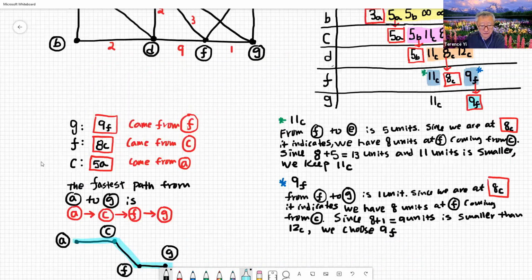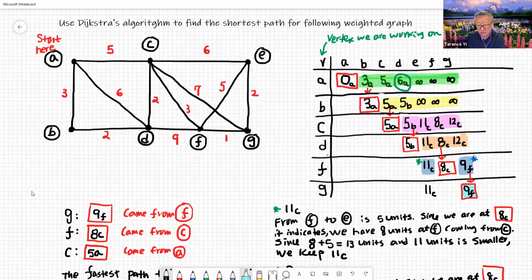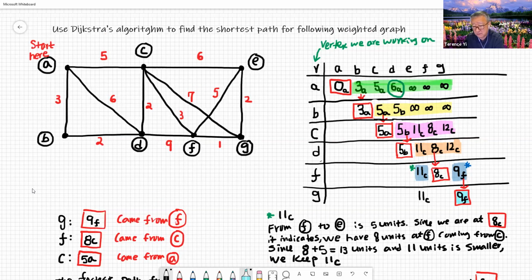Okay. So this is what we call Dijkstra's algorithm. Now there are some other ways you can do this, not using this table, but you actually do the same kind of thing directly on the graph. But sometimes it's very confusing.